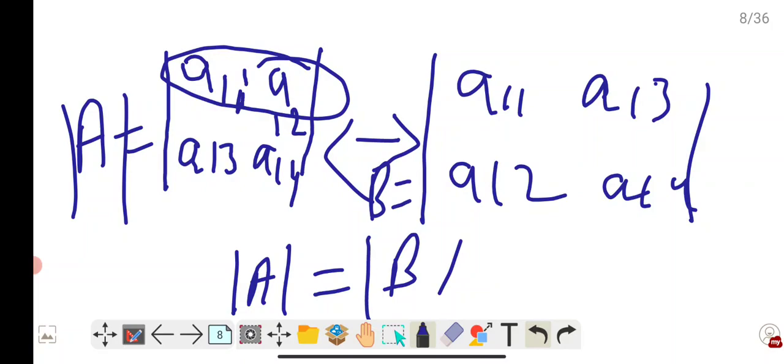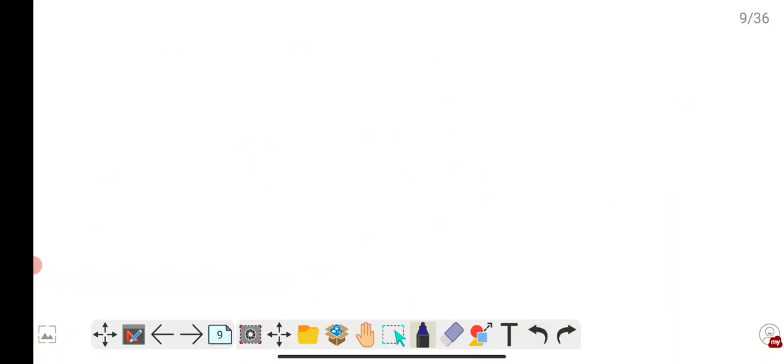Now the next property is: if two rows or columns of a determinant are interchanged, then the determinant changes by just its sign.